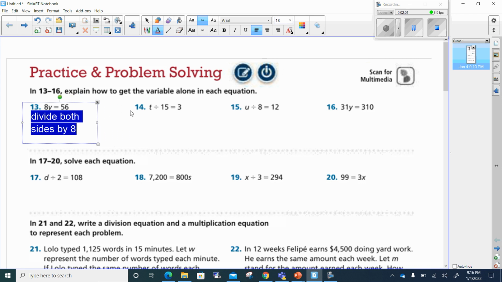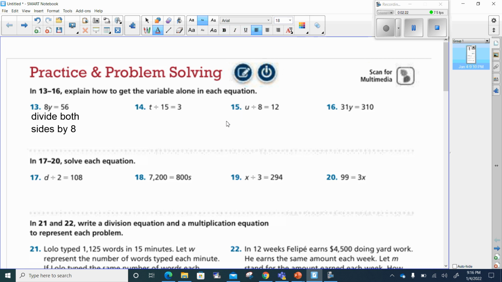So let's go ahead and try number 15, because you have all the even ones tonight. And I have u divided by 8 equals 12. Remember, we're going to do the inverse. So that means the opposite of what I see. I see that u is divided by 8. That means I'm going to multiply this side by 8. All right.